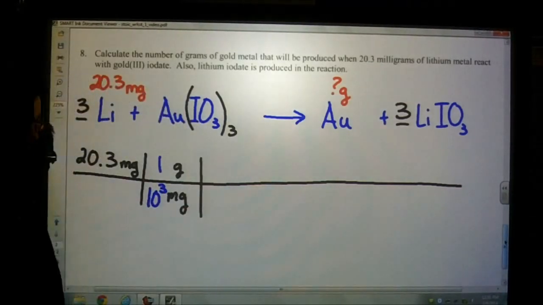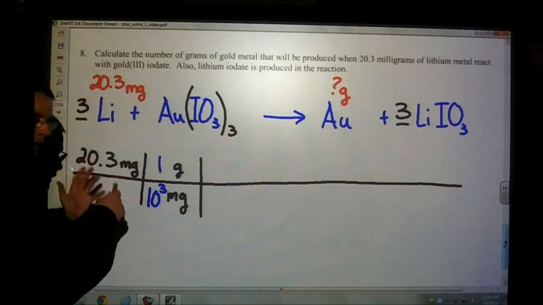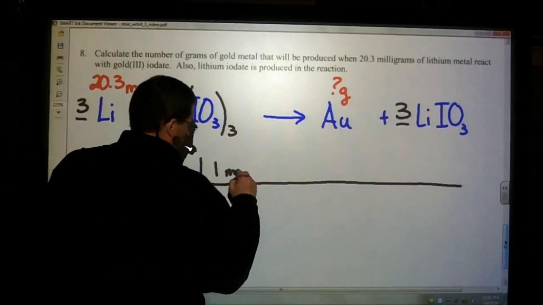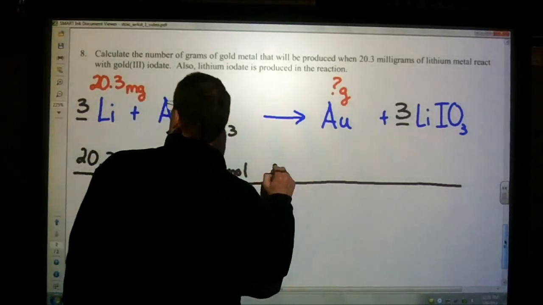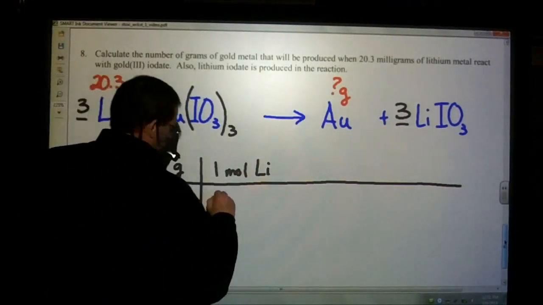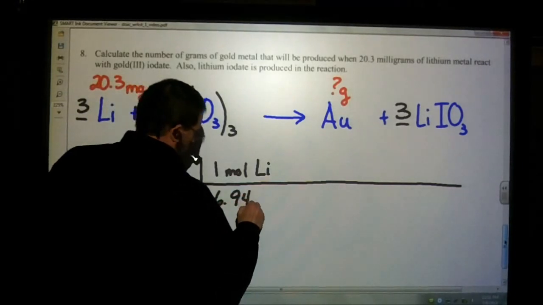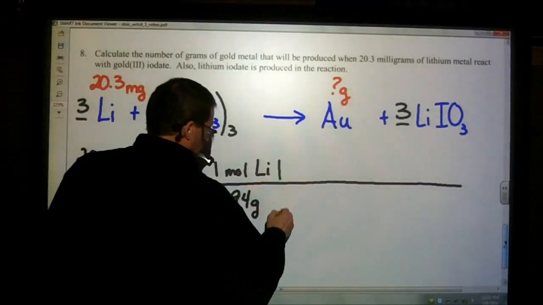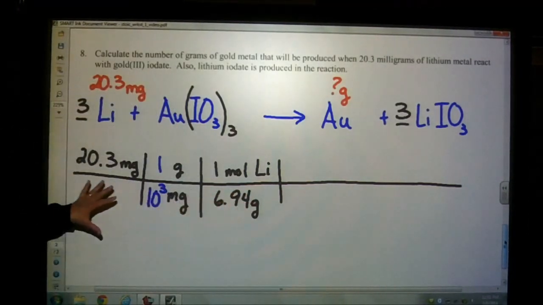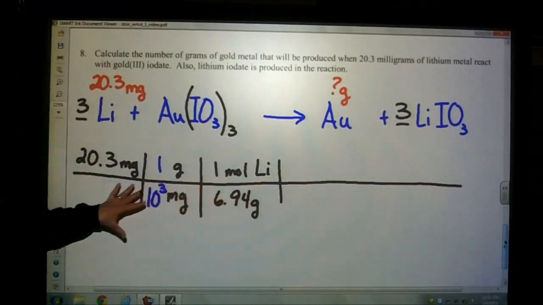Okay? So we have our grams. Now we need to get it to moles. So we're going to go 1 mole of lithium, and the molar mass for that is 6.94 grams. Got that from the periodic table. All of this is step 2.